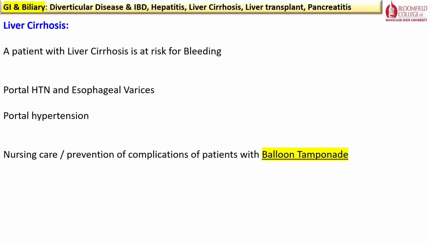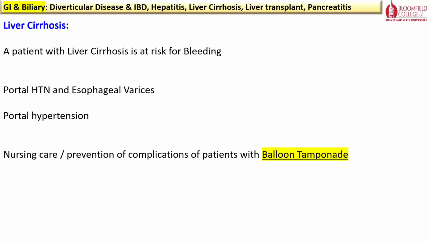Portal hypertension and esophageal varices. The portal hypertension that accompanies end-stage liver cirrhosis would predispose the patient to esophageal varices and resultant hemorrhage, which is hematemesis. So when these varices rupture, due to increased pressure, coughing, sneezing, increased abdominal pressure, positioning, all of that will result in bleeding from these varices.